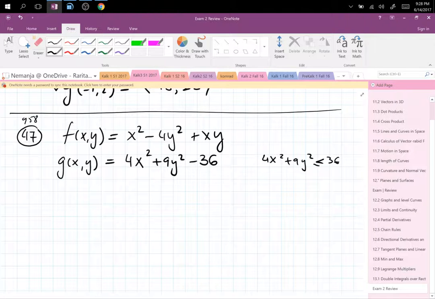Now that wrinkly top will have min-max saddle points, which are taken care of by your first derivative in x, first derivative in y, set equal to 0, so 12.8.